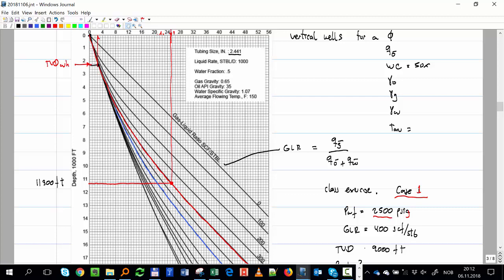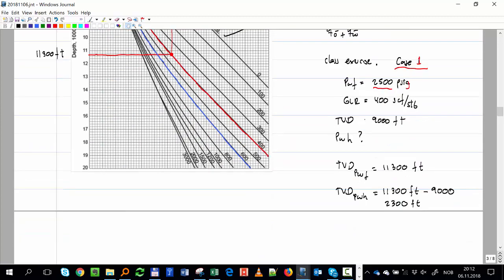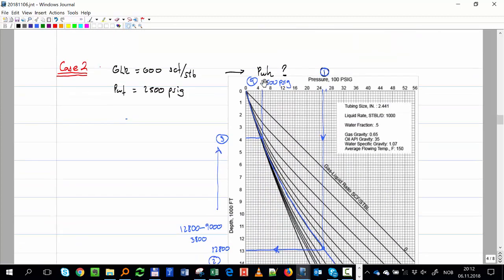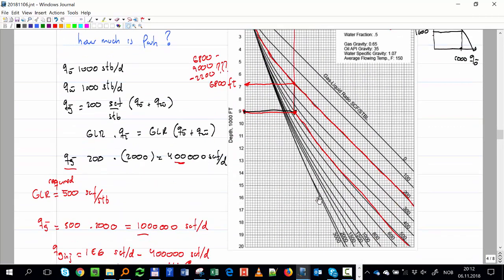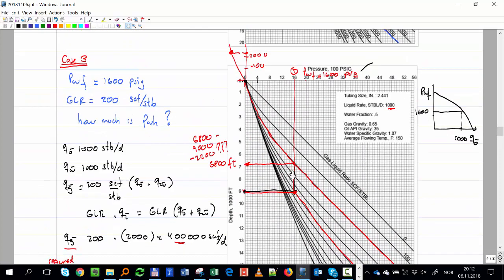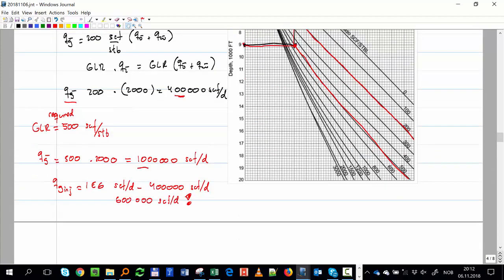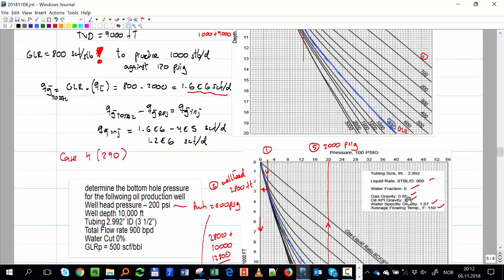They pre-computed all of those curves, and we can use them to calculate bottom hole pressure or wellhead pressure. We can also use them to estimate how much gas lift we need, right? We used it in this exercise. Very useful to determine how much we have to inject. Okay, and I think this is a very nice exercise.